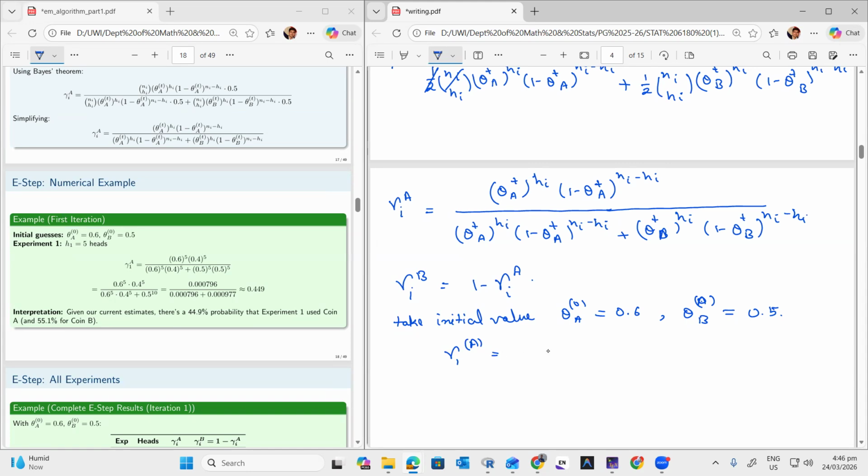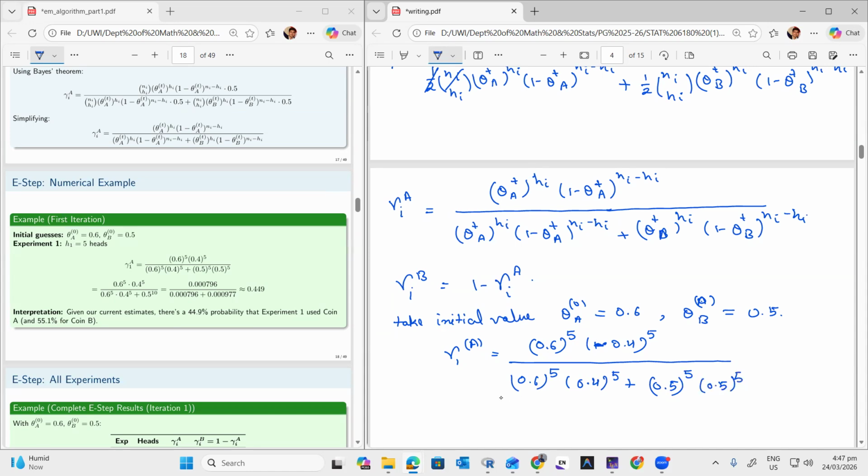It will be 0.6 raised to the power 5, because 5 heads are there, and 1 minus 0.6, which is 0.4, raised to the power 5 again, because there are 5 tails, divided by 0.6 raised to the power 5 into 0.4 raised to the power 5 plus 0.5 raised to the power 5 and 0.5 raised to the power 5.